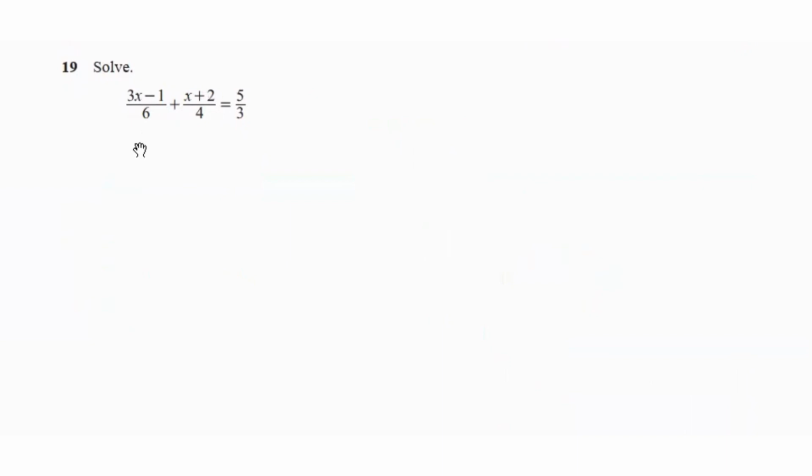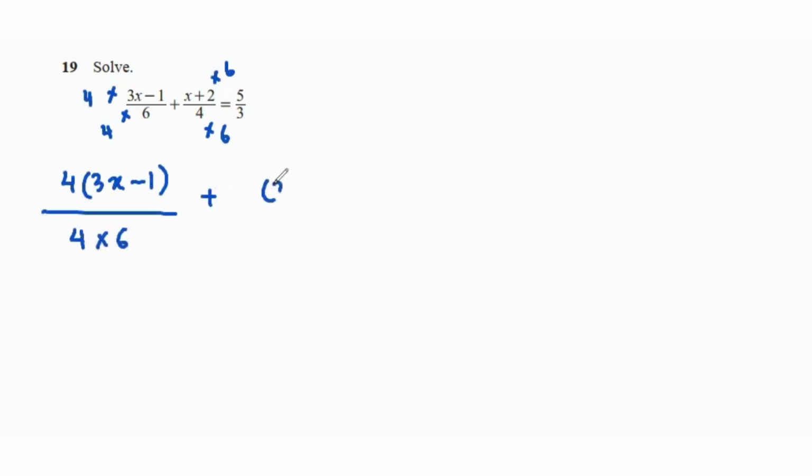Solve (3x minus 1) over 6 plus (x plus 2) over 4 equals 5 over 3. Same rule as we discussed earlier. When we're adding or subtracting unlike denominators, we first make the denominators equal. So I will multiply the first fraction by 4, second fraction by 6. 4 times (3x minus 1) over 4 times 6 plus (x plus 2) times 6 over 4 times 6.